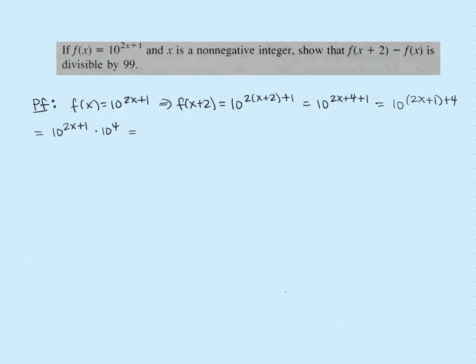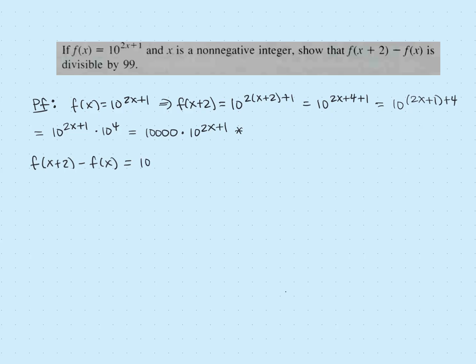And because multiplication is commutative, I can rewrite this as 10,000, right? 1 with 4 zeros behind it, times 10 to the 2x plus 1. Now, I'm looking at this difference, right? And I know that this over here that we just figured out, that's f of x plus 2.